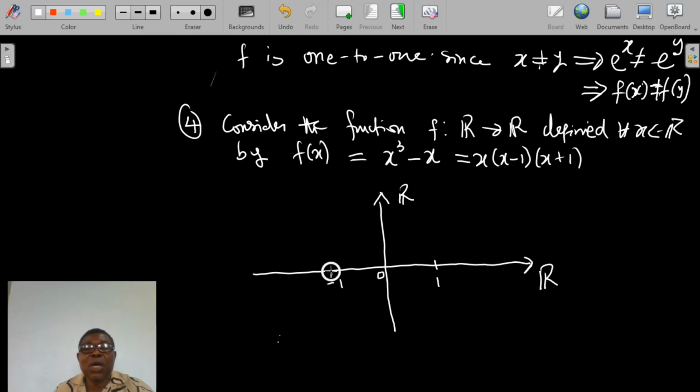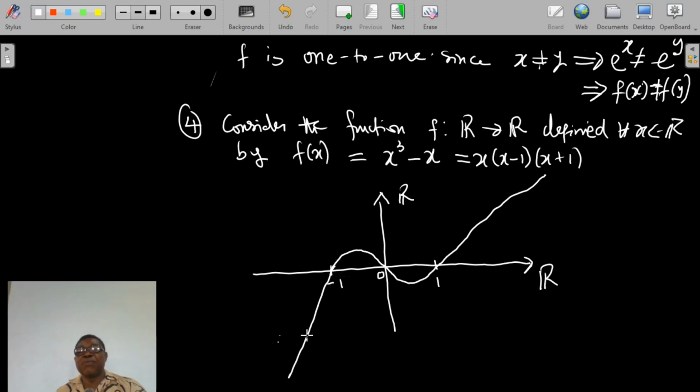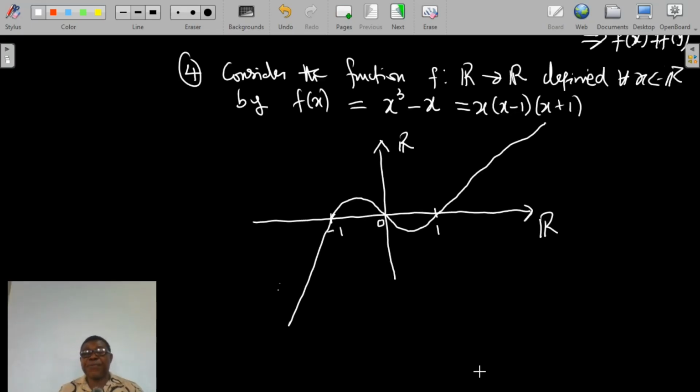It will have a turning point somewhere here, cuts the origin, and another turning point somewhere here, goes this way, and moves to plus infinity. Then this way, it will go down to minus infinity. This is a rough sketch of the graph of f of x equals x cubed minus x.